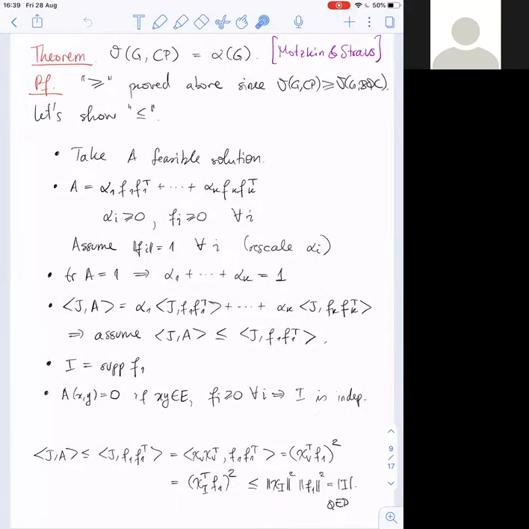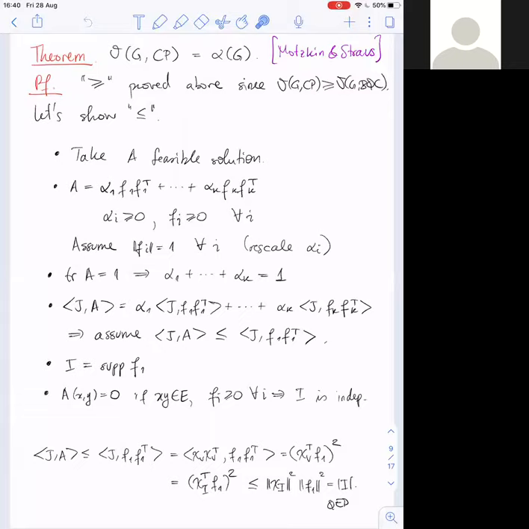A more interesting thing is this: if you put here the cone of completely positive matrices, you get the independence number exactly. This is a result that goes back to Motzkin and Strauss, I think in the late 60s or 70s. It's in completely another language in their paper, of course.